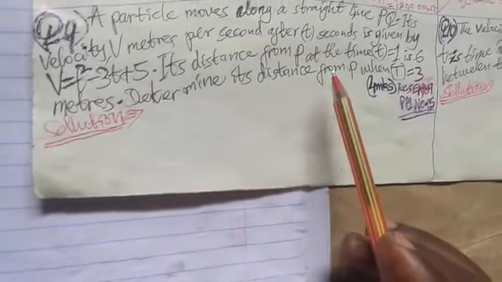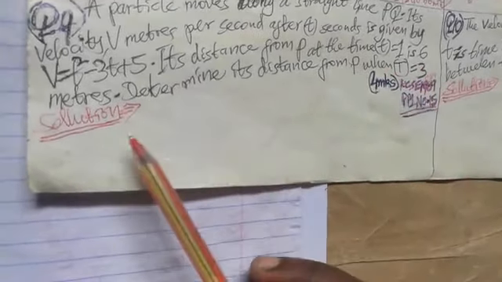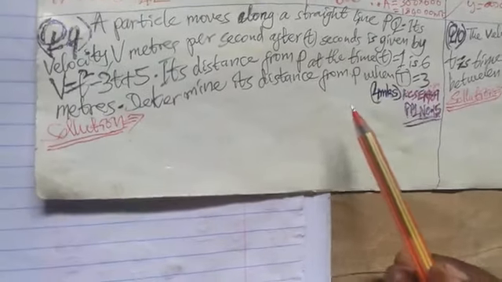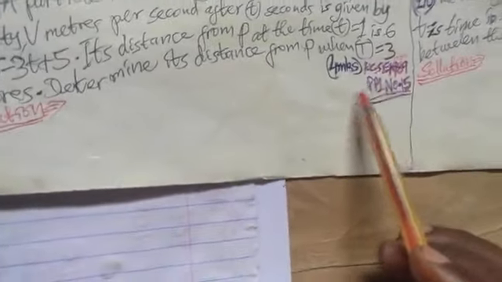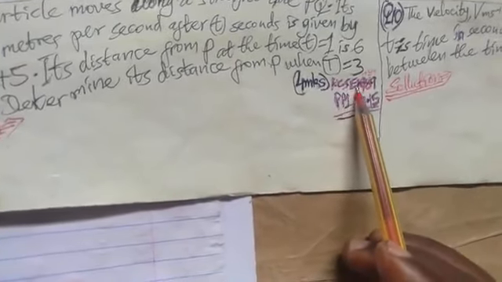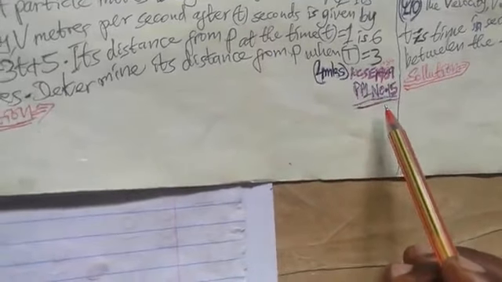Its distance from P at the time t equals 1 is 6 meters. Determine its distance from P when t is 3. 4 marks. This was KCSE 1989, paper 1, number 15.